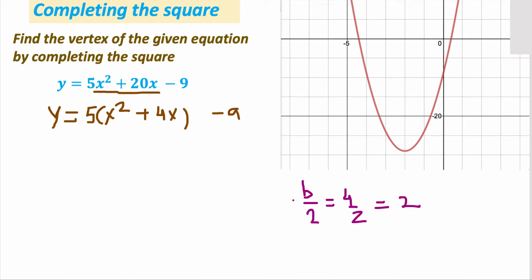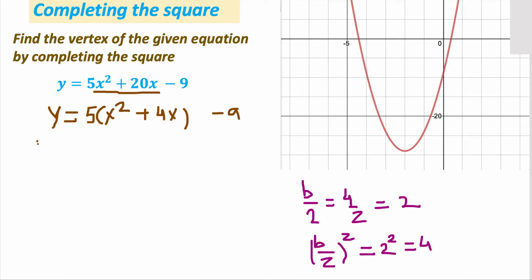And now I'm going to square B over 2. Already I see B over 2 is equal to 2 squared. And 2 squared is equal to 4. So this 4 I'm going to add here.